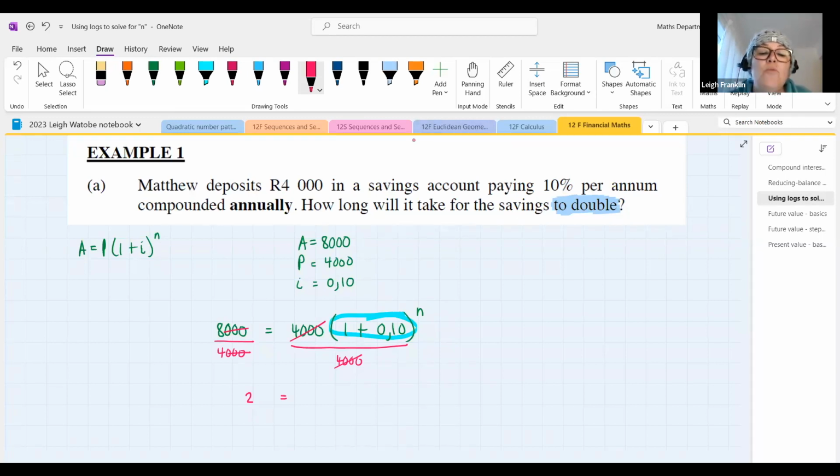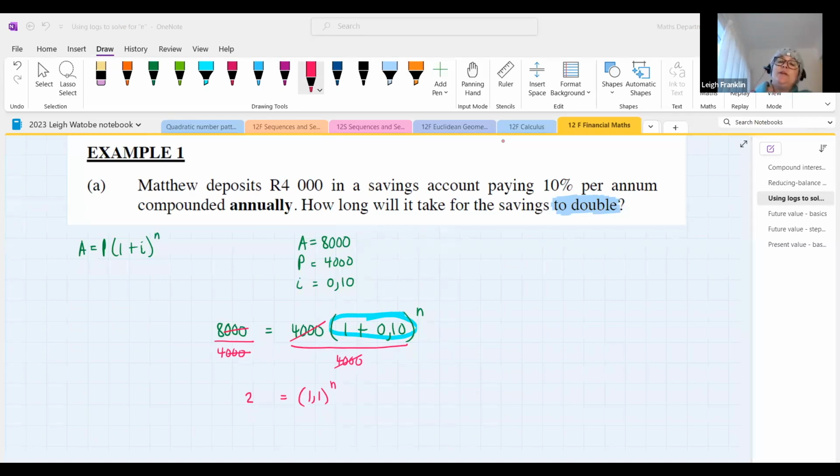So we're going to write it as simply as we possibly can. If we add 1 to our 0.10, it means that our base is going to become 1.1 to the power of n. Okay, so no, Lebogang, it's divided by 100 because it's 10%. So that's 10 divided by 100. Per annum compounded annually means that it's divided by 1.